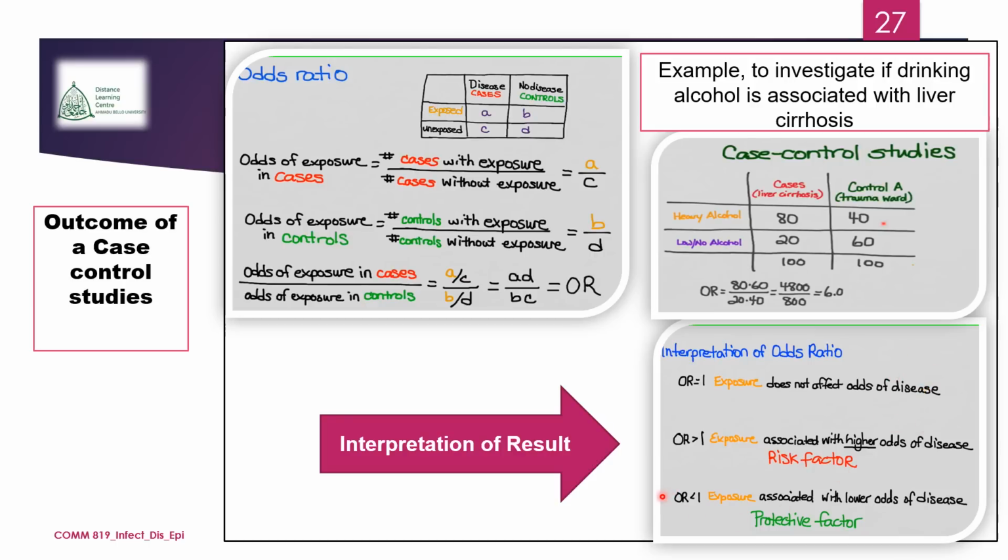If the odds ratio is less than 1, the exposure, rather than being harmful, is beneficial. That's a protective factor. Our odds ratio is highly greater than 1, so what is the interpretation?